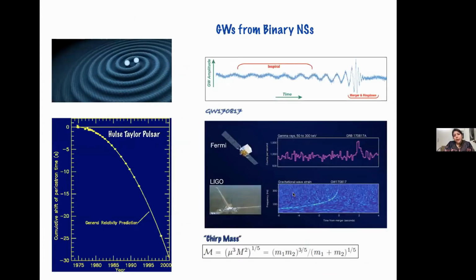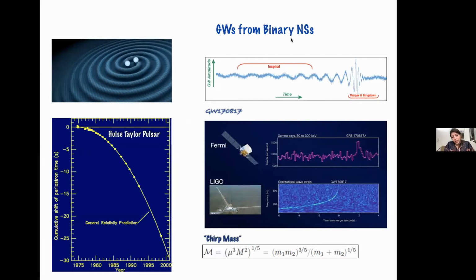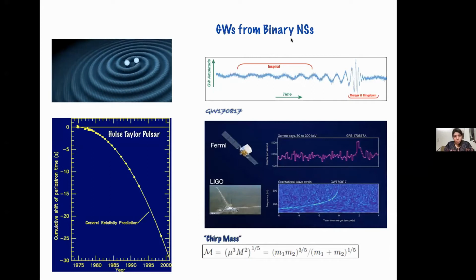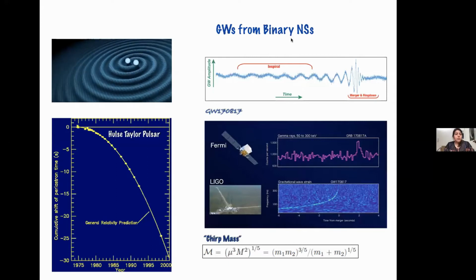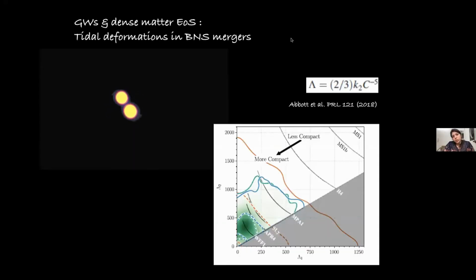A new field that can help us answer this question is gravitational waves. Earlier today, Jocelyn already talked about the recent gravitational wave event 170817, which not only confirmed the gravitational waves from direct observation of binary neutron stars merging to form a hypermassive neutron star, but also gave us a lot of information about the equation of state.